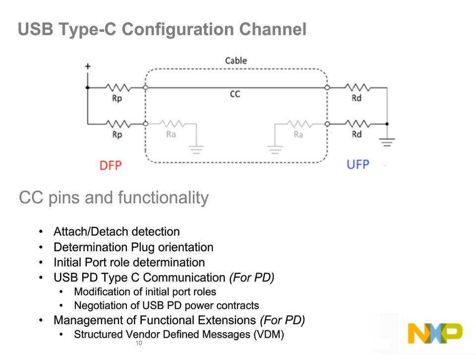So again, at a high level, CC pins not only help us configure the system, but in alternate mode and power delivery cases, they also help us in sending the PD and alternate mode messages between the two sides.